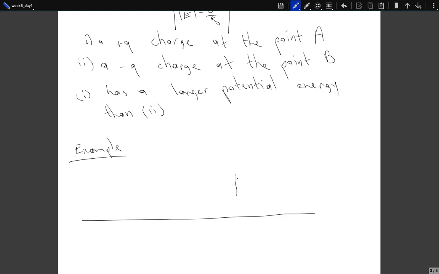It's pointing away from the wire at every point. And the magnitude of the electric field was, if the charge density is lambda, 1 over epsilon 0, lambda over 2 pi rho, where rho is the distance. 2 pi rho was just the circumference of the circle.